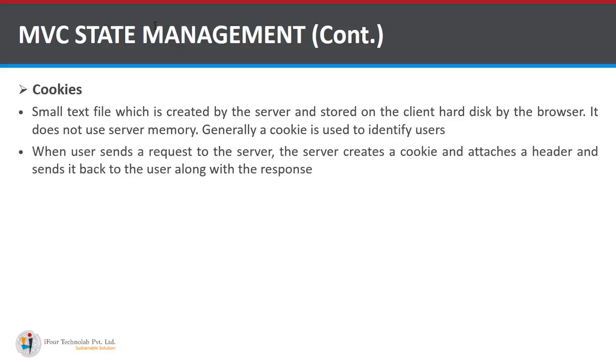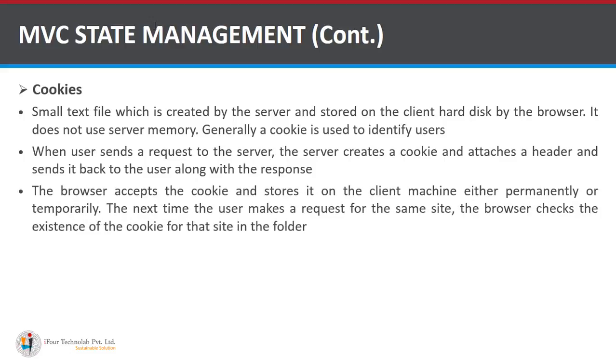When a user sends a request, the server creates a cookie, attaches it to a header and sends it back to the user along with the response. The browser accepts the cookie and stores it on the client machine either permanently or temporarily. The next time the user makes a request for the same site, the browser checks the existence of a cookie for that site in the folder.